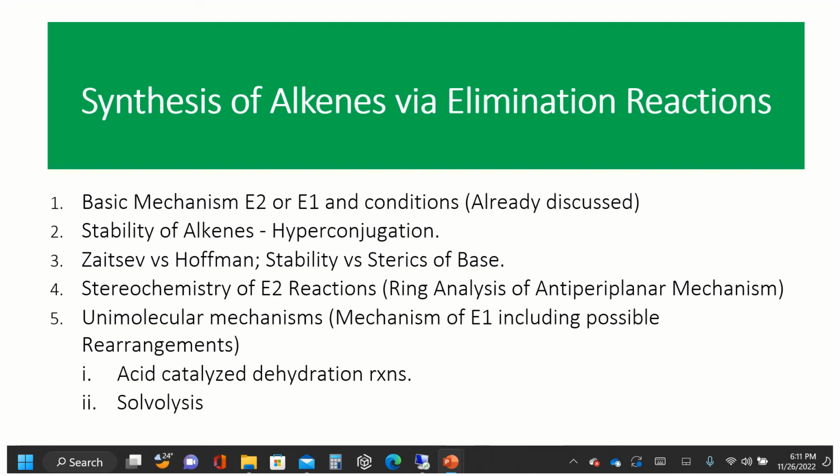So if we start to probe synthesis of the alkenes via these elimination reactions, we've already talked about E2 or E1, but we've got to think about other variables, such as the stabilization of the alkenes. In this case, hyperconjugation. We've got to think about the Zaitsev versus the Hofmann, which we touched on earlier.